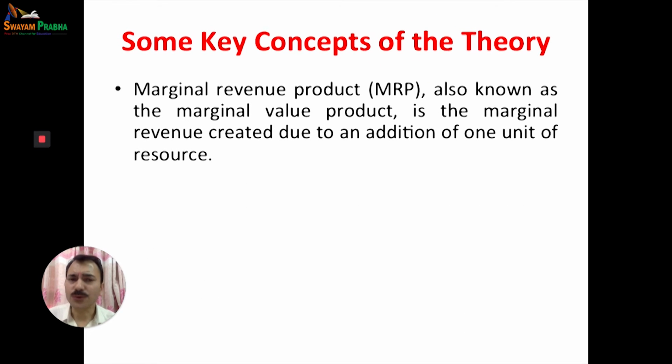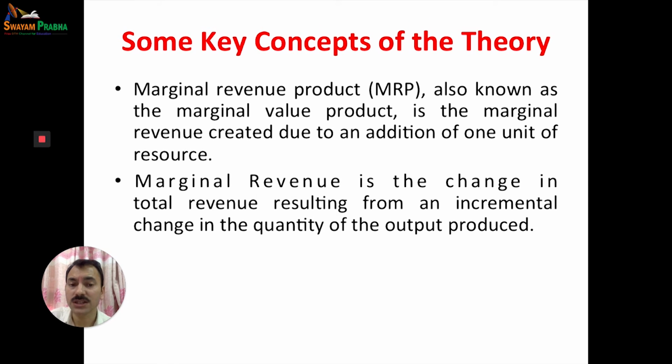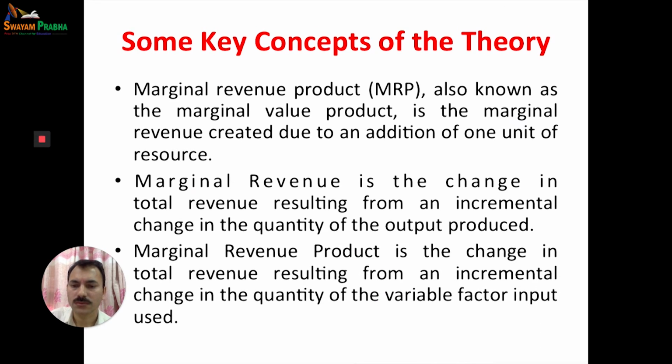Now, marginal revenue product is also known as the marginal value product. It is the marginal revenue created due to the addition of 1 unit of resources. Marginal revenue is the change in total revenue due to a change in quantity produced. Or, marginal revenue product is the change in total revenue resulting from an incremental change in the quantity of the variable factor of input used.